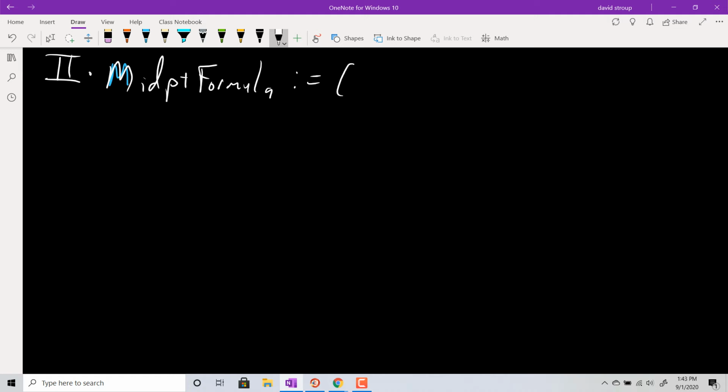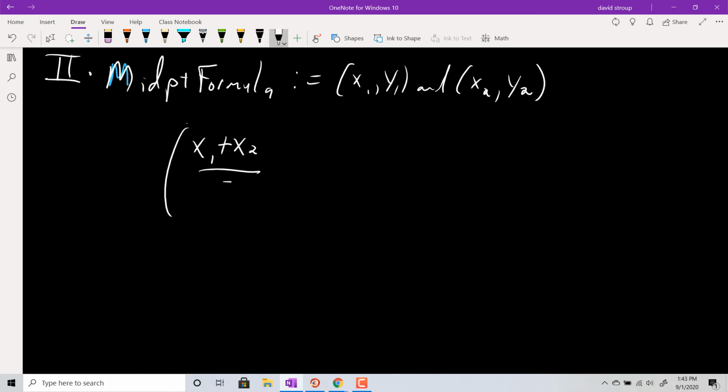Again, you're dealing with these 2 points, x1, y1, and x2, y2. How do I figure out the midpoint? Well, you're going to take the averages of the coordinates. So the average of the x coordinates, and then the average of the y coordinates. So it's just the sum of the coordinates divided by the number of coordinates. And there's 2 of them, so you divide by 2.